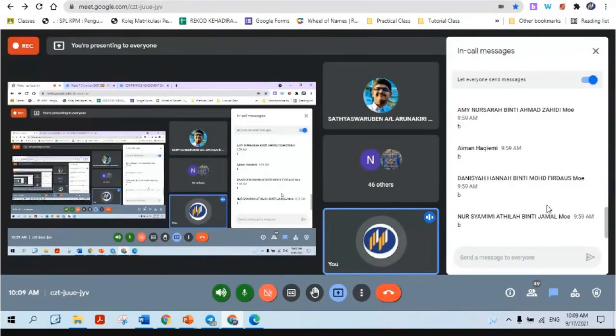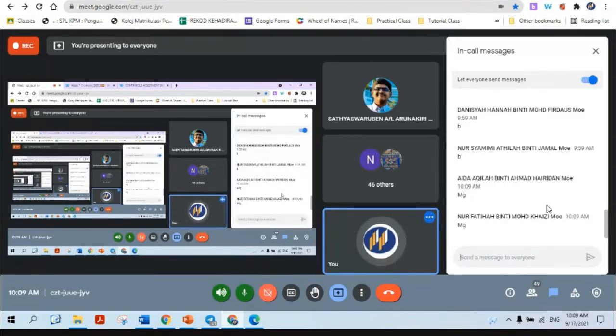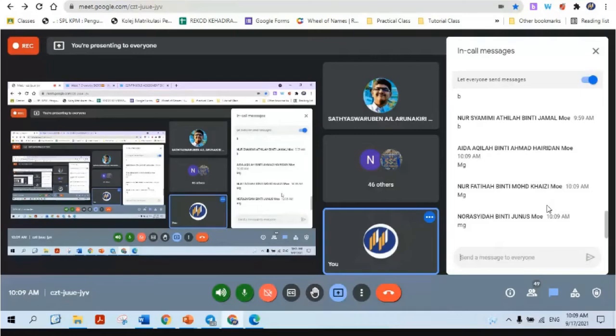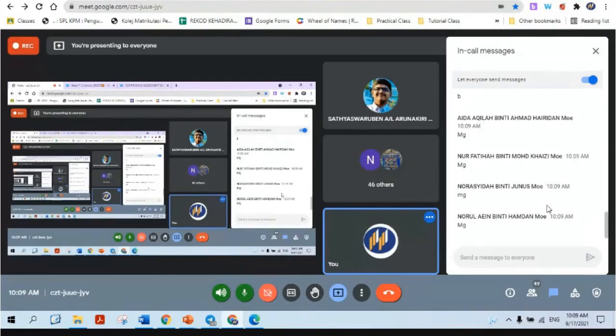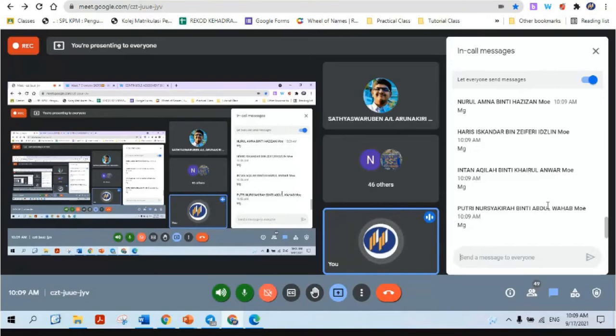Okay, semua orang kena tulis. Harris, what is the answer? Okay, Aida bagi magnesium, Fatihah bagi magnesium. Okay, I pun bagi magnesium. Yang lain sila jawab. Madam boleh check respon. Tam pun magnesium, Putri pun magnesium, semua magnesium.